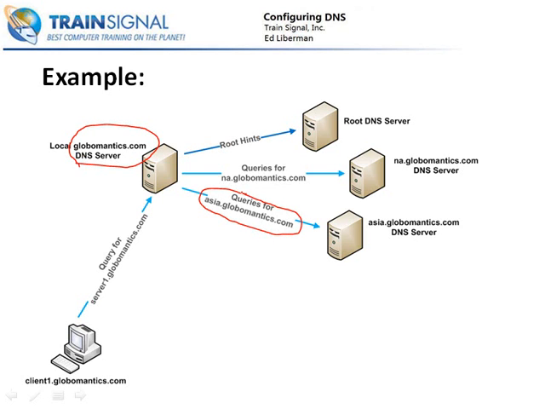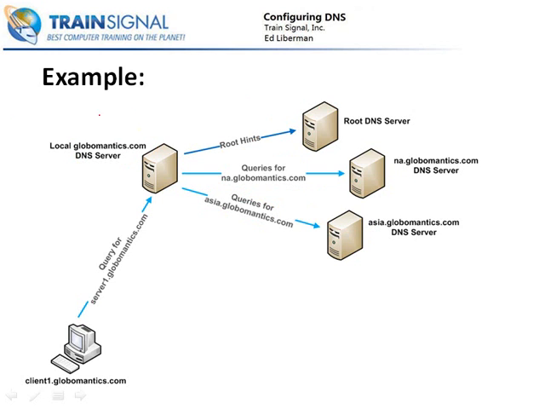One says any queries looking for the asia.globalmantics.com domain will be sent to this specific DNS server, and one says that any queries looking for the na.globalmantics.com domain are sent to this specific DNS server. Our globalmantics.com DNS server has also been configured with root hints, which tell it how to get out to the internet root DNS servers if an internet host is queried. So let's look at a few examples and see what would happen.